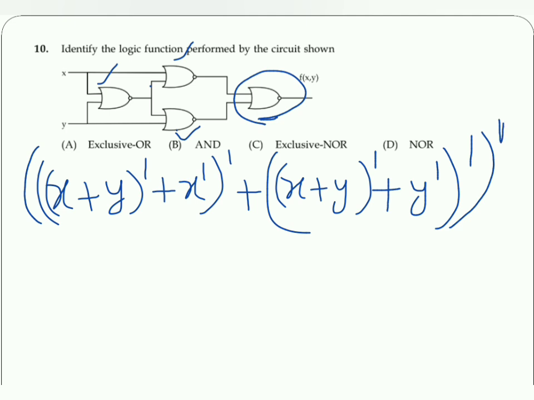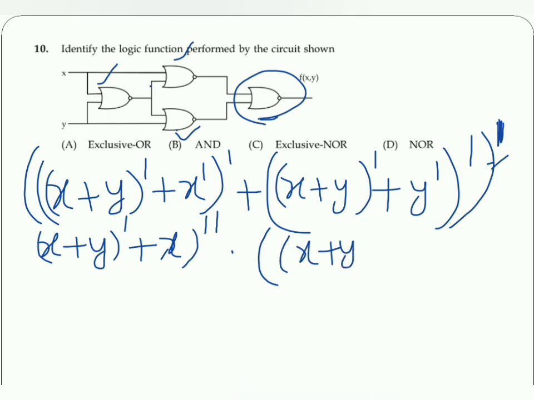Now if we open the first parenthesis, it will be (x plus y) whole dash plus x whole dash, double complement, and the plus will become product, and (x plus y) whole dash plus y whole double dash.